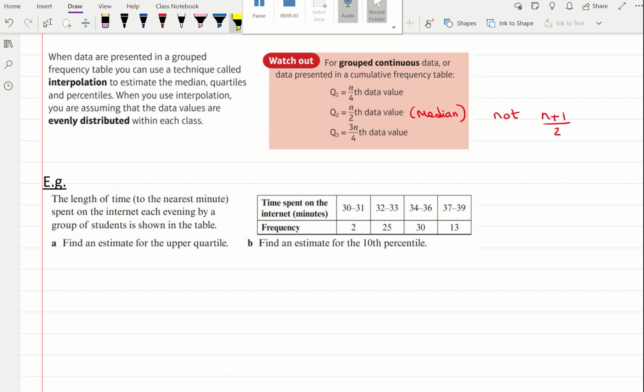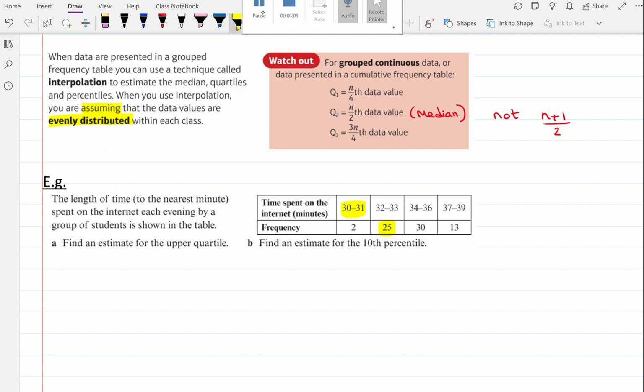Now, we're going to use a method called interpolation, and it's important to understand that when you use interpolation, you are assuming that the data values are evenly distributed within each class. So that they're not all 30. For example, for a frequency of 25 people, how many minutes did they spend on the internet each evening?